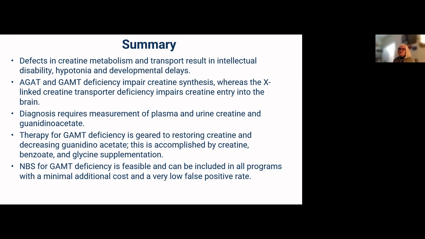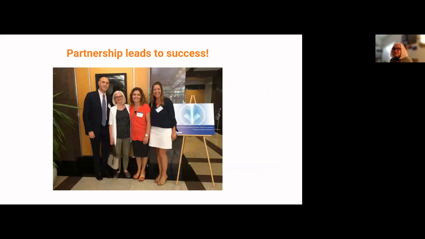Therapy for GAMT deficiency is geared to restoring creatine and decreasing guanidinoacetate, and this is accomplished by creatine, benzoate, and glycine supplementation. And newborn screening for GAMT deficiency is feasible and can be included in all programs with a minimal additional cost and a very low false positive rate. Next. And more importantly, I hope that we have shown you that a partnership leads to success.